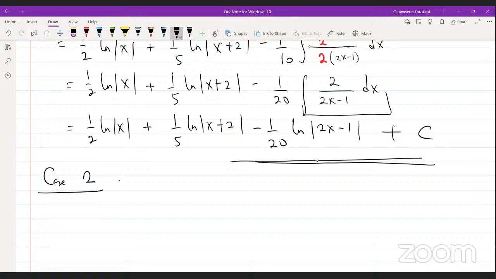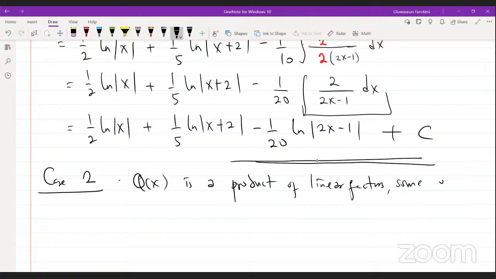In case 2, what is our focus, guys? In case 2, what happens when my Q of x is a product of linear factors, some of which are repeated? Remember, in case 1, we don't have repeated factors. But right now, what if we have repeated factors? How do we approach it? Okay.